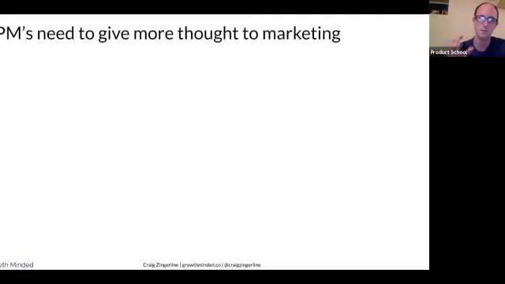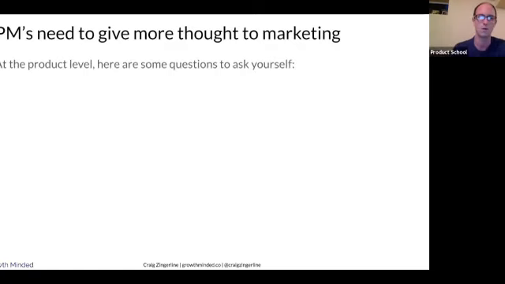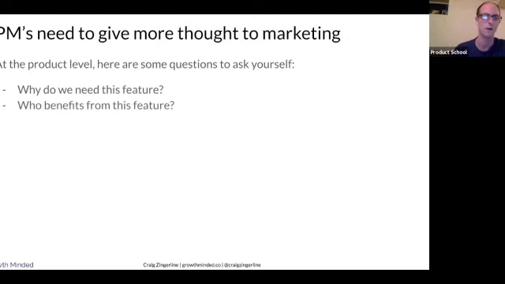So starting with that hypothesis, the second thing that product managers in growth roles need to do is give more thought to marketing. At the product level, having a framework for what questions to ask yourself before you start building is really critical. So why do we need this feature? That's kind of obvious. Who benefits from it, where do they benefit, and what percentage of people benefit from this feature? What might this feature detract from?